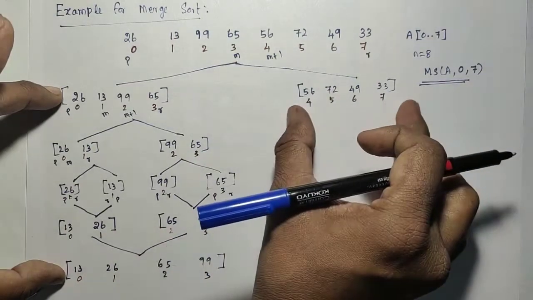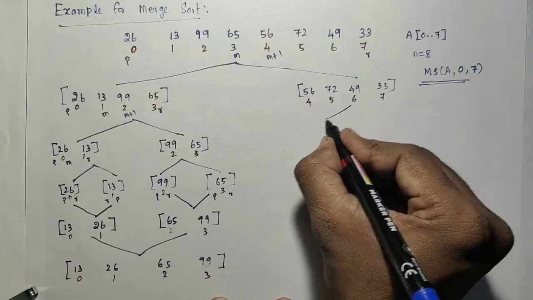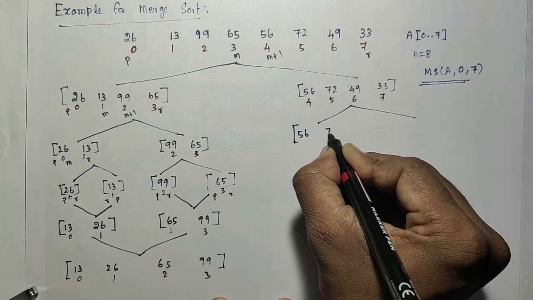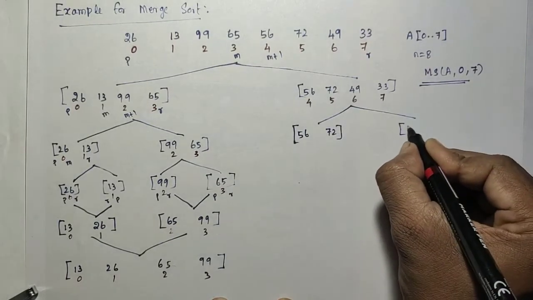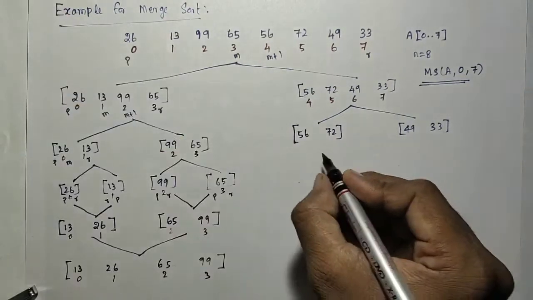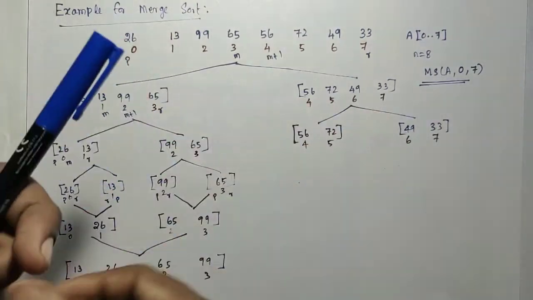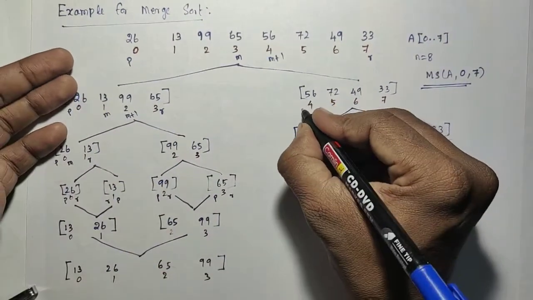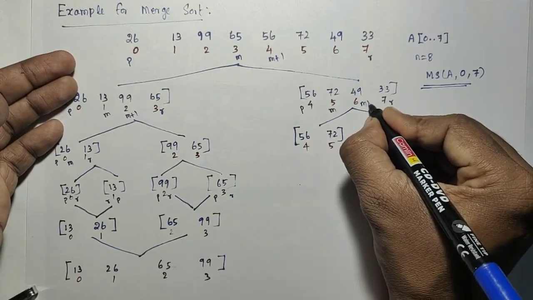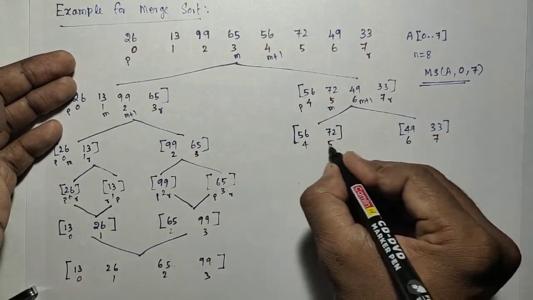Similarly, this half has to be sorted, and you have to apply the same procedure. It means I have to split it into two: one is 56 and 72, another one is 49 and 33, with indexes 4, 5, 6 and 7. Here this is L, this is P and this is R, this is M and this is M plus 1. In this call I need to sort these elements.